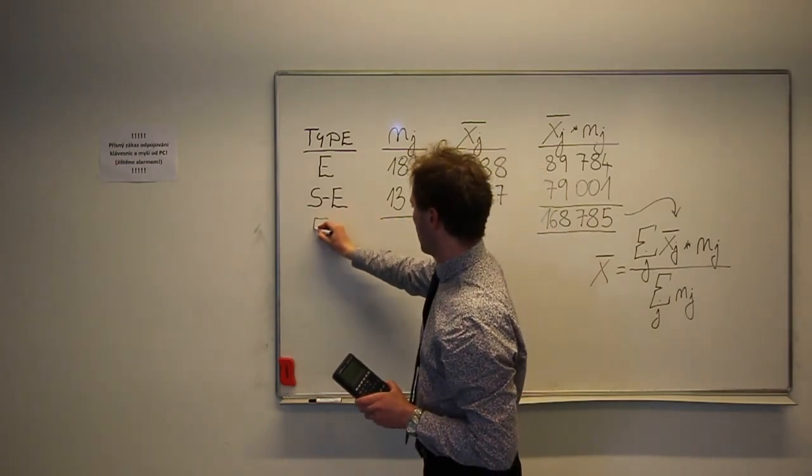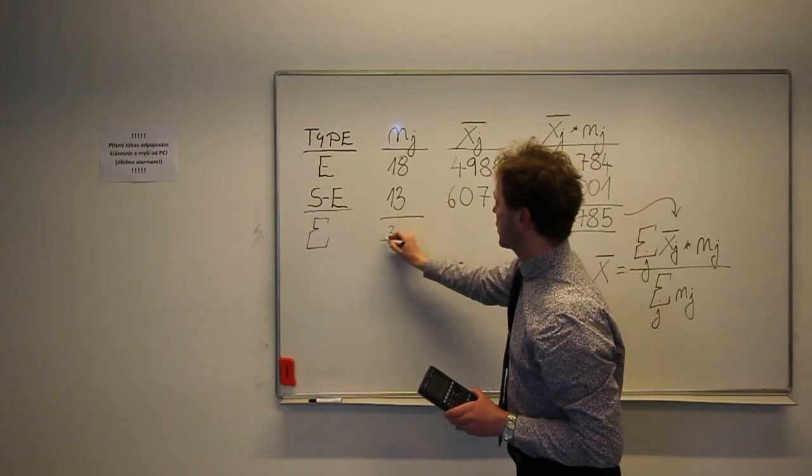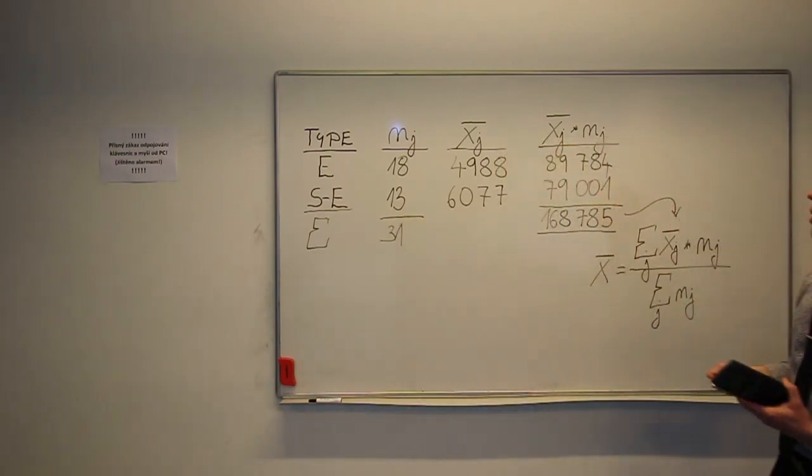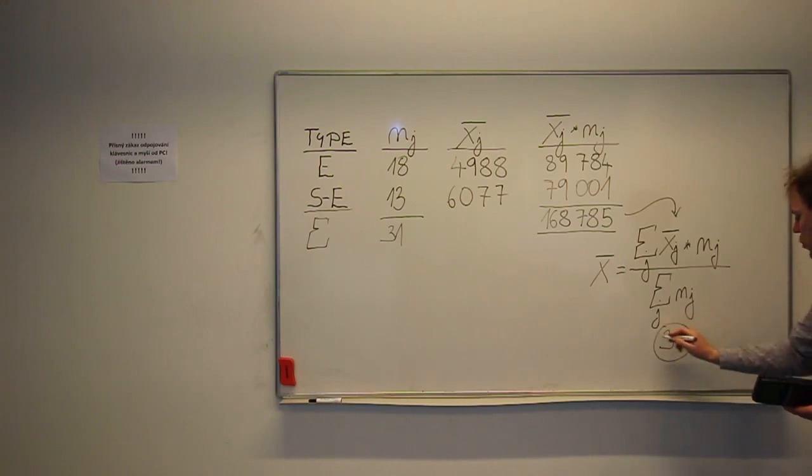And denominator: if you remember, there is a summation, and there are 31 households. So I have here 31 households in the denominator.